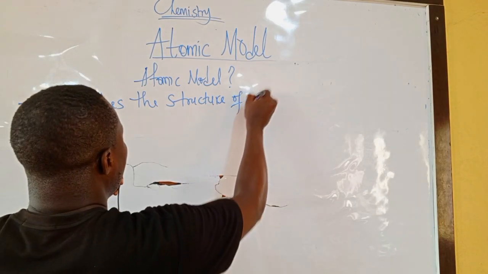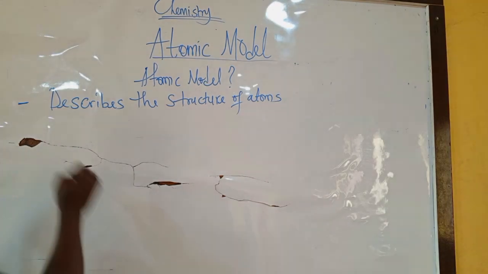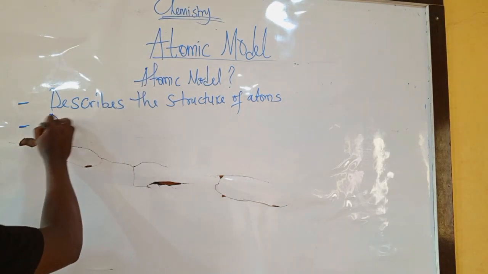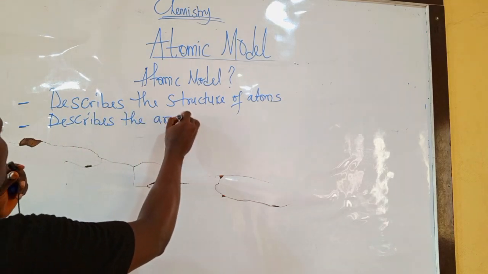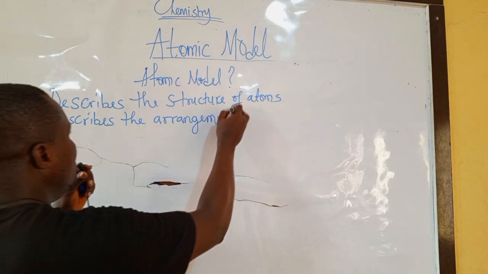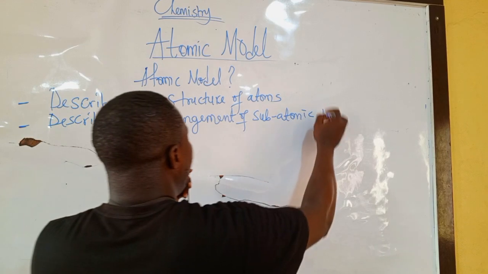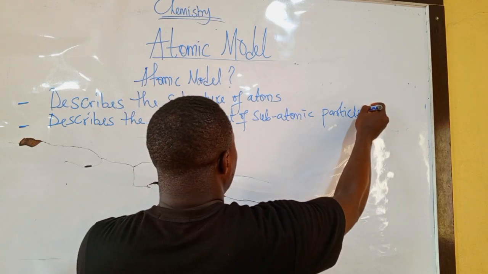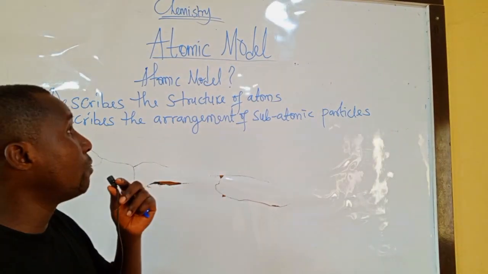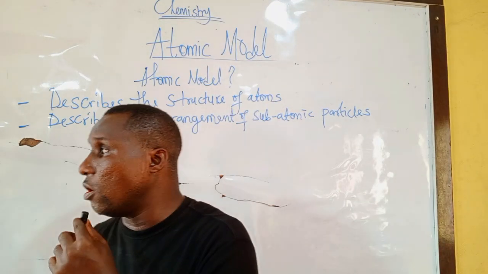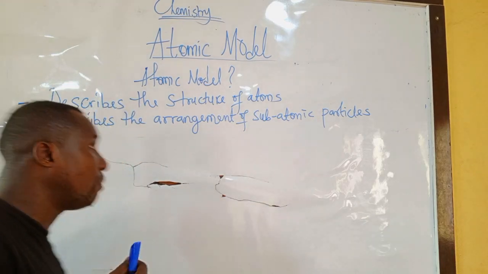Atomic model describes the structure of atom, and it also describes the arrangement of subatomic particles. That is the meaning of atomic model. It describes the structure of atom. It also describes what we call subatomic particles.